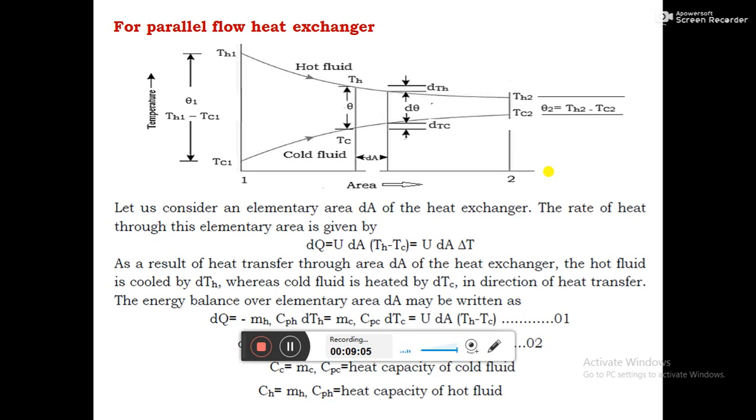U is the overall heat transfer coefficient and dA is the small elementary area.